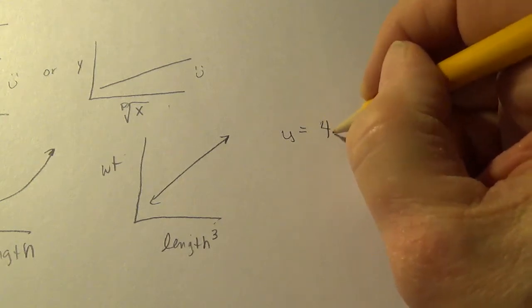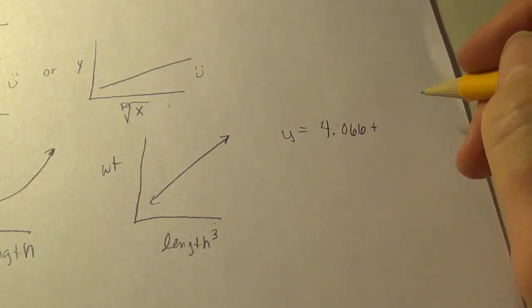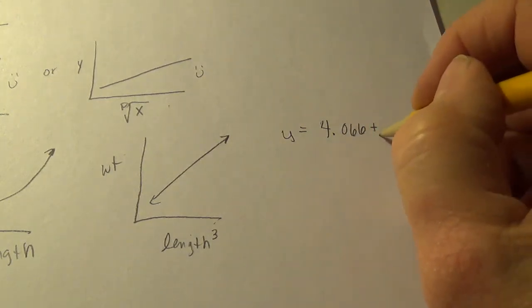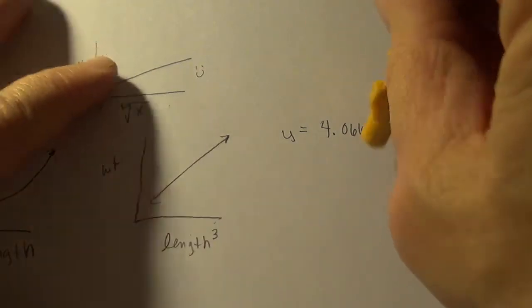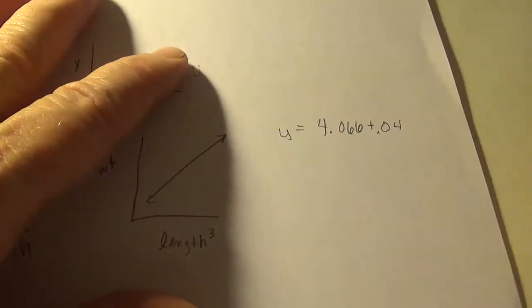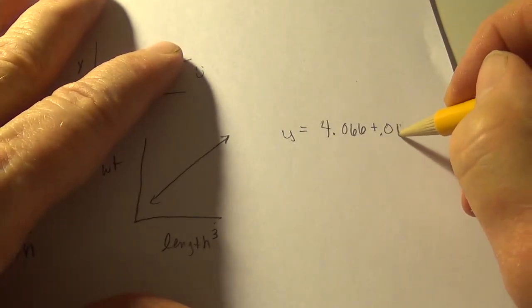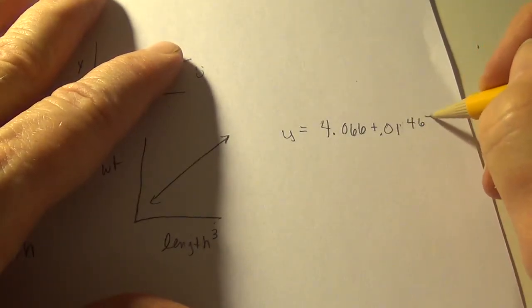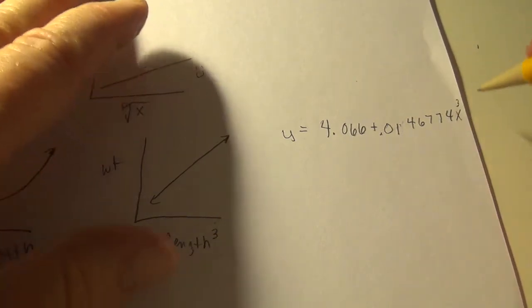The y-intercept, which is our a, plus, and then the slope, 0.014, sorry. I gotta grab these quicker. I don't want to use all this video time. 6774 x cubed. So we've cubed what's on the x-axis.